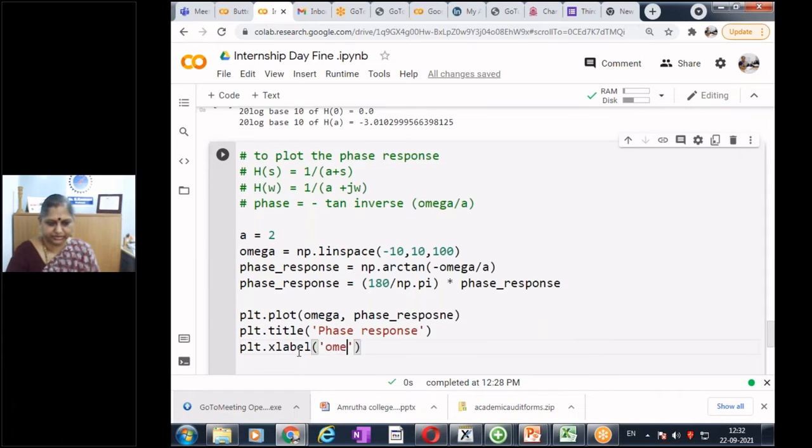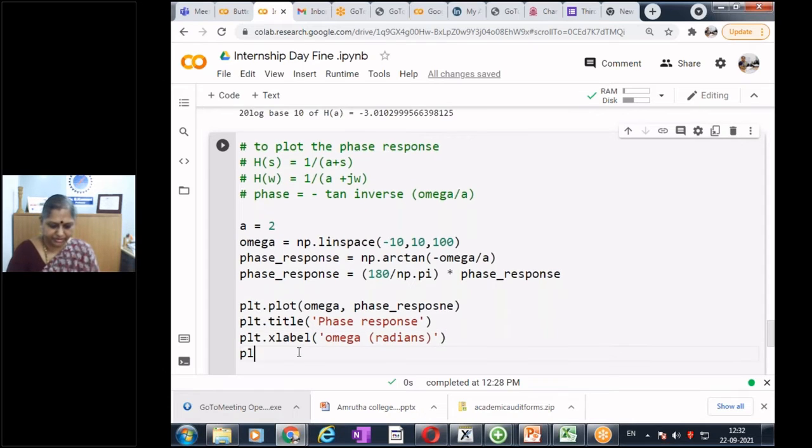X label is omega in radians, and what is the Y label? plt.ylabel is phase response. We have converted to degrees, so phase response we are giving in degrees. So let's run it and then see how is the phase response.